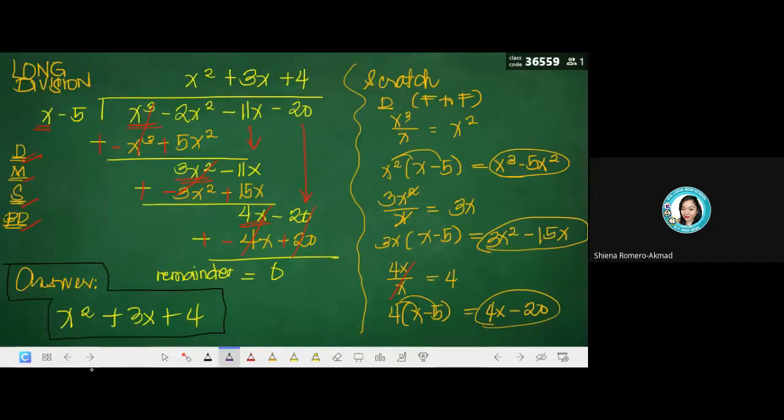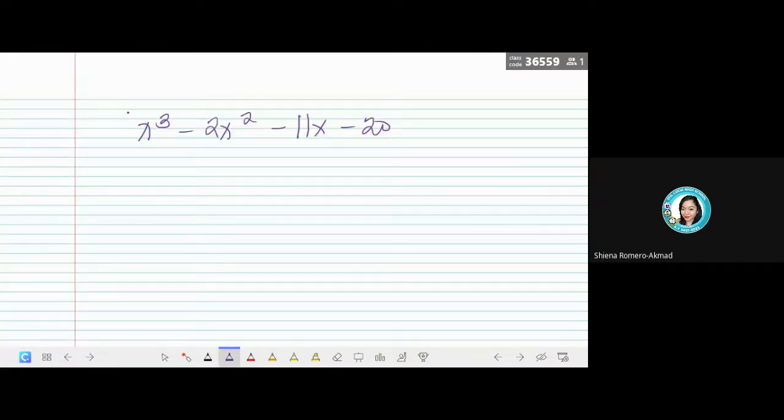Puro minus ba yun? O may plus? Puro minus. Divided by x minus 5. Or ba't ganyan? Hindi ko pala dapat ganyan sinulat. Dapat ganito. Divided by x minus 5.